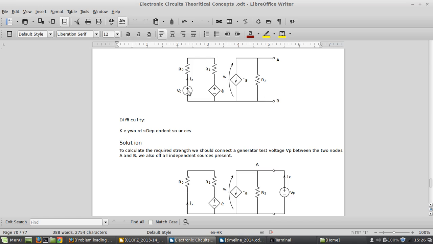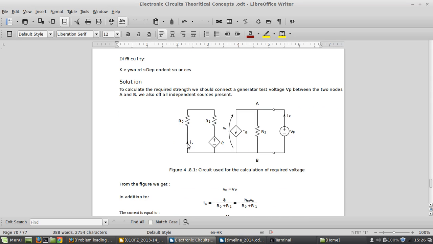That's the same technique that I am using here, but this time I'm using a different substitution: I'm substituting this with a test voltage and a test current.